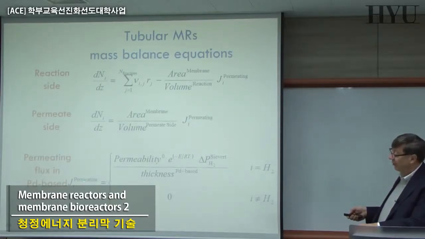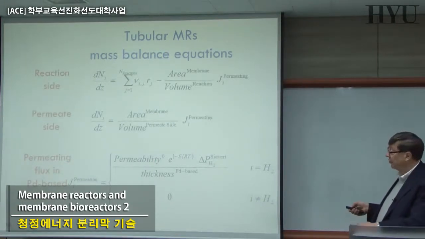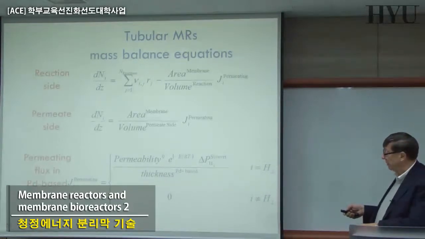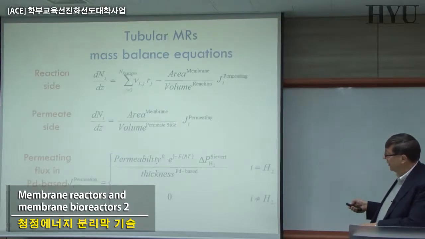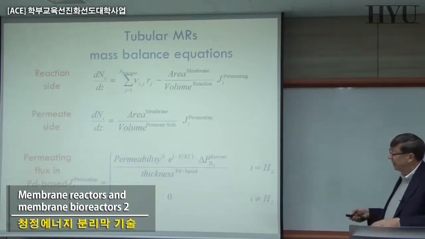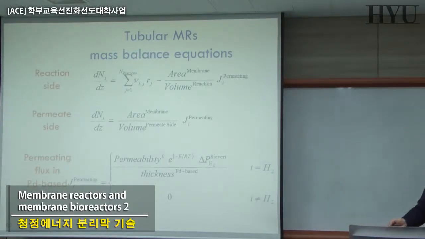The flux of the hydrogen is proportional to the permeability coefficient, the Arrhenius expression for what concerns temperature, and the Sieverts delta P form, divided by the thickness of your palladium membrane, basically. That is in the case in which you have hydrogen going through. If there is no hydrogen, this term will be zero, basically. There is no flux across your membrane. But that is the typical expression that we already assigned before.